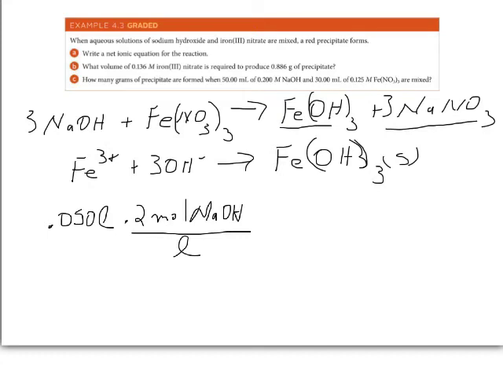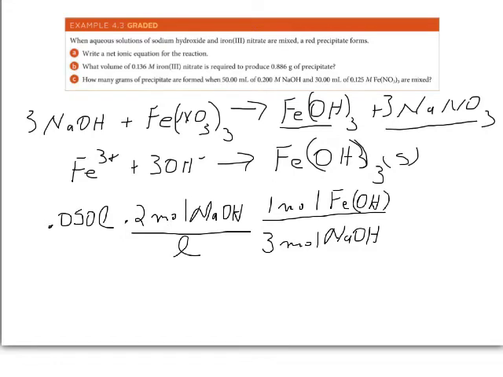For every 3 moles of sodium hydroxide, I get 1 mole of iron 3 hydroxide. And then finally, a mole of iron 3 hydroxide is 106.87 grams.